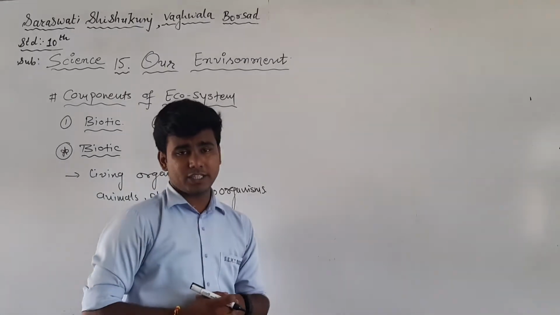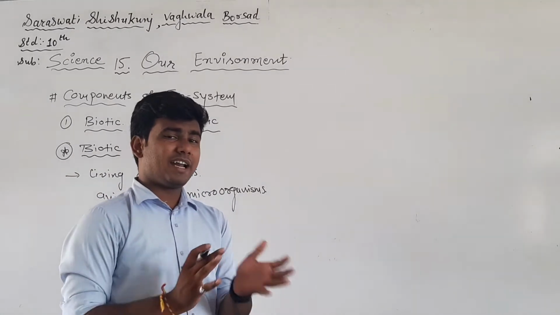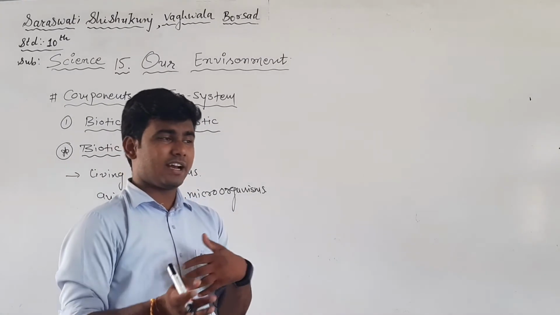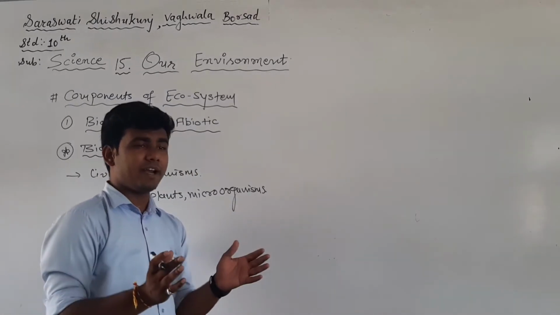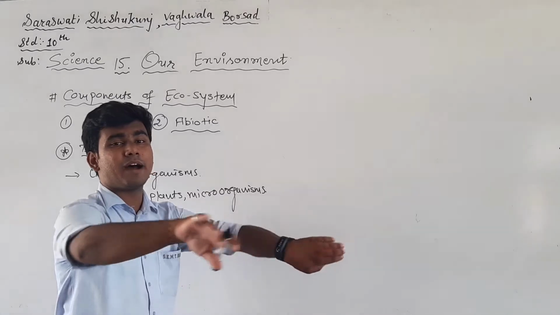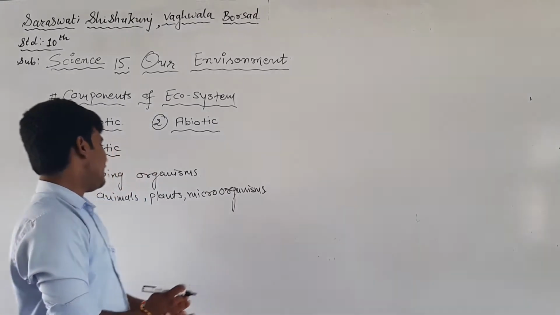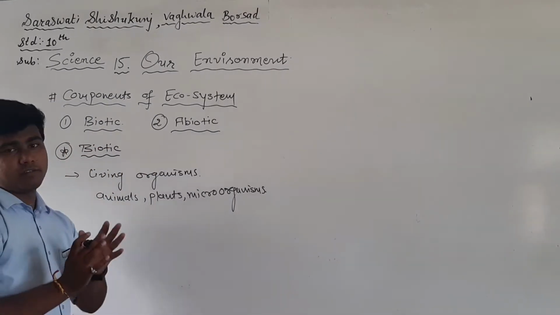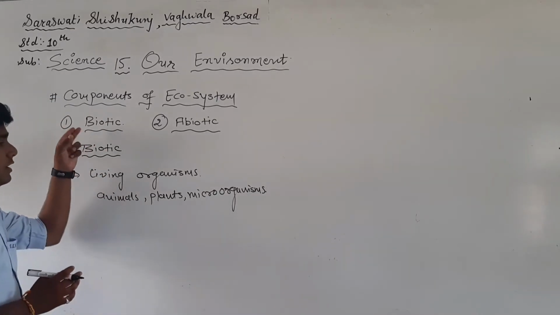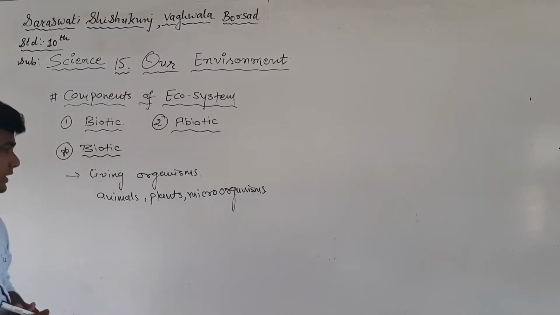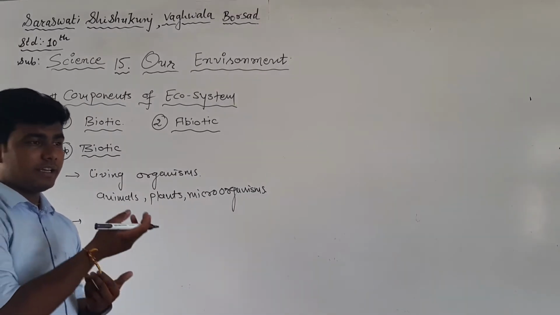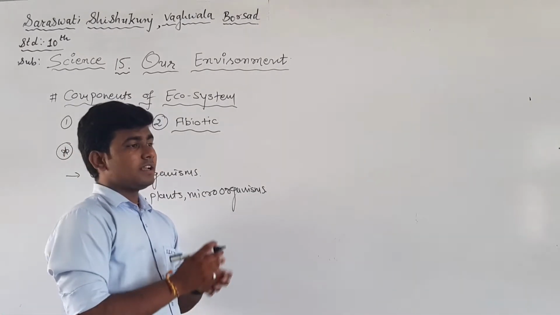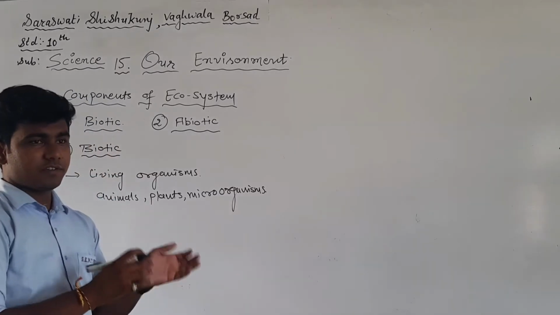These biotic components, these living things, are interrelated with each other. They are interconnected with each other. In some of the cases, they are also independent and they interact with the abiotic component of ecosystem. Right? So all of the living components of the ecosystem are considered as biotic component of ecosystem. Now, according to their mode of nutrition, how they are taking their food, we can categorize them into different parts.